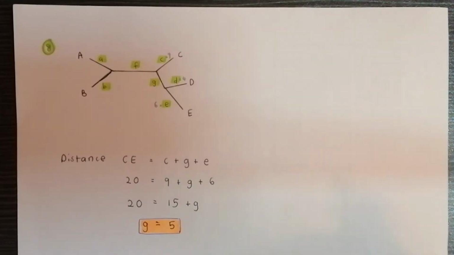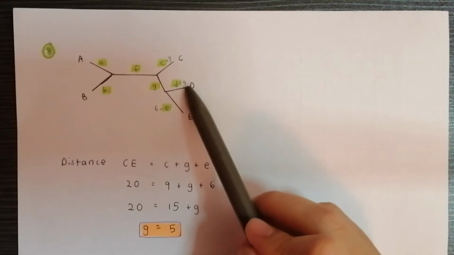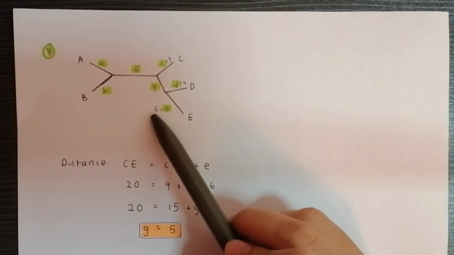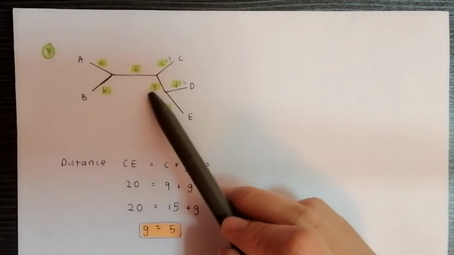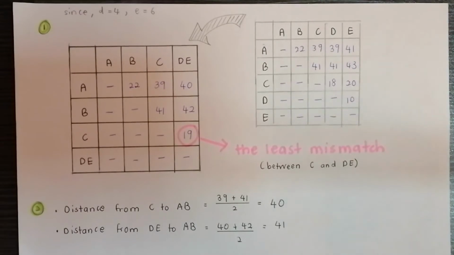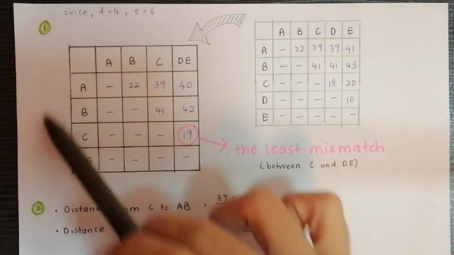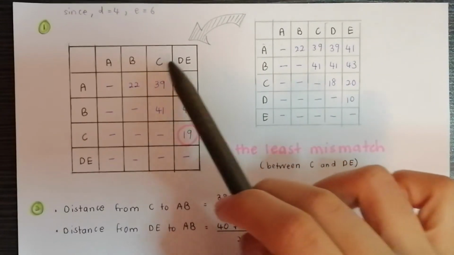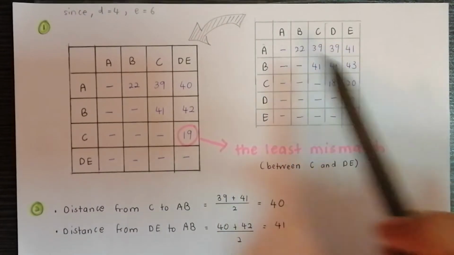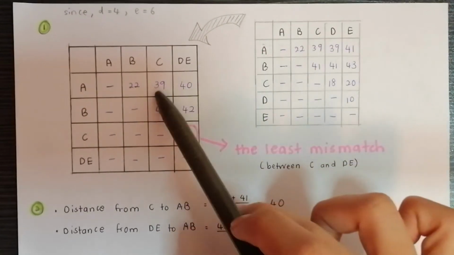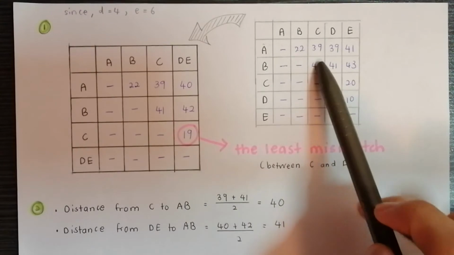Since we already know that the value of D is 4 and E is 6, now we want to calculate the value of C and G. So we have to create a new table that consists of A, B, C, and DE. These numbers we can get from the original table: 22, 22, 39, 39, 41, 41.